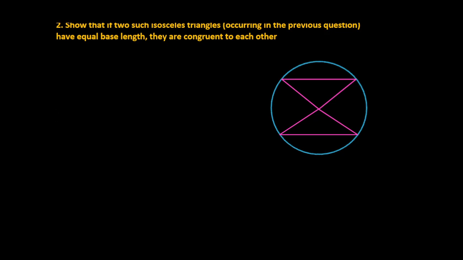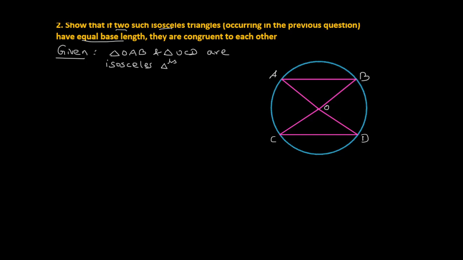What is given here? Let's take center point O, and one chord AB, another chord CD. Now here given: triangle OAB and triangle OCD are isosceles triangles. Then they have equal base.